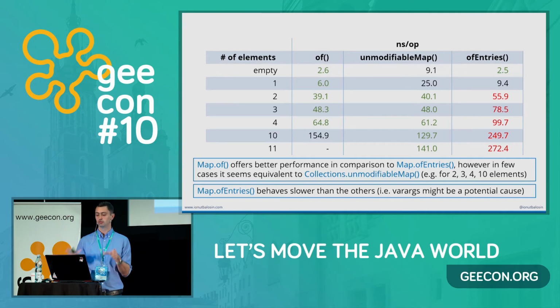However, of course, the footprint in the case of using unmodifiableMap is much bigger, because you saw the number of references in the case of lists. So it's the same in the case of maps, actually. And in all the cases, the ofEntries version, the last column, the red ones, was slower because, of course, you know now that you pay the cost for the varargs overhead, and so on.